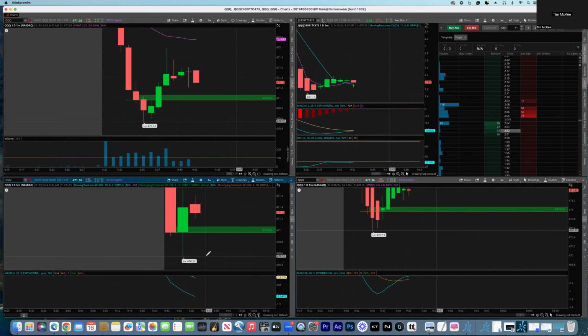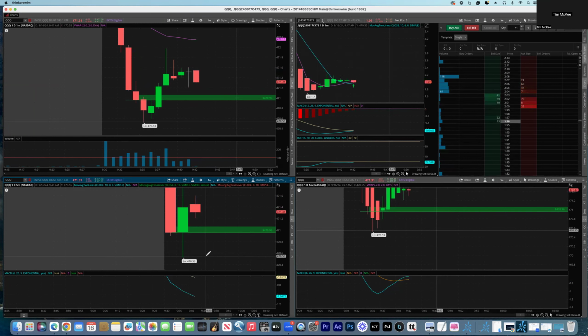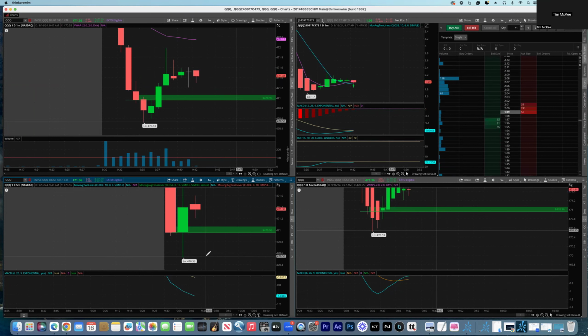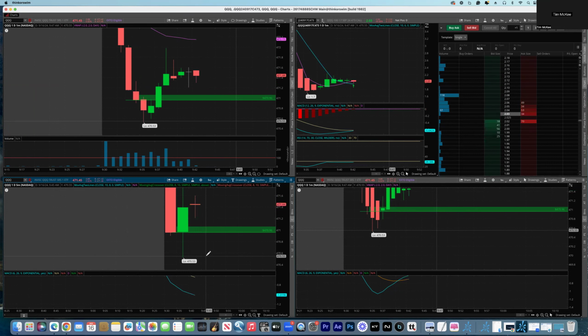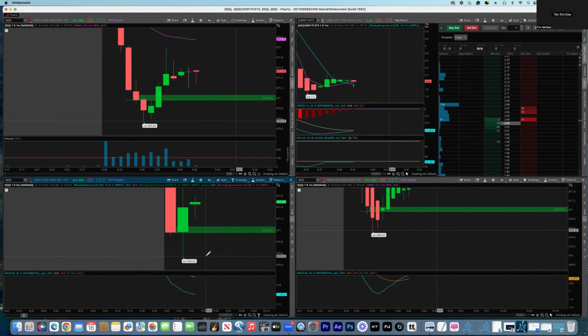There's a doji. Price reversing as we would expect off a doji. We're getting pushed back on trying to pull down now.